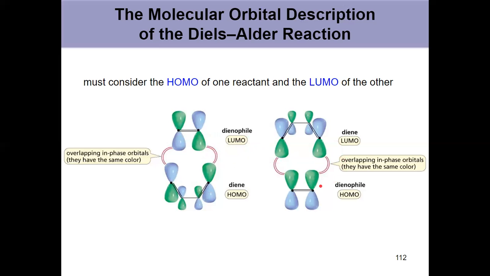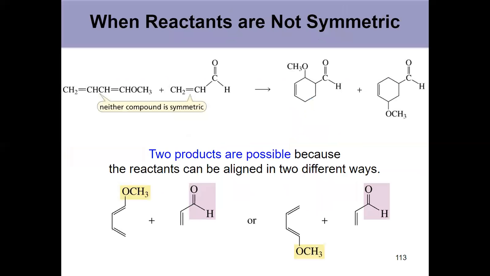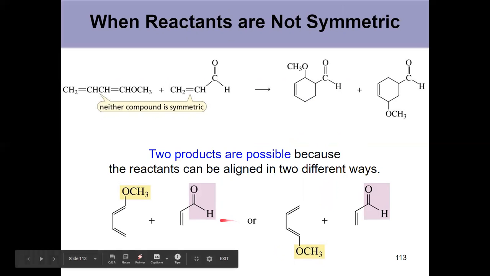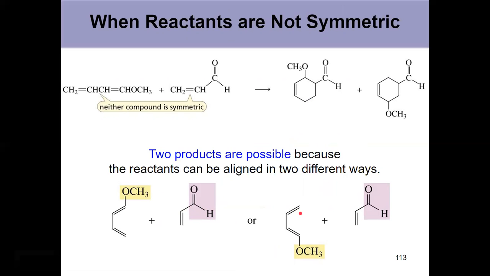So then the question becomes, what if they're not symmetric? Then how do I draw the Diels-Alder reaction? Because as you see on the bottom, that gives me 2 possible ways to arrange the reactants, which results in 2 different products. Those are 2 different constitutional isomers of one another.